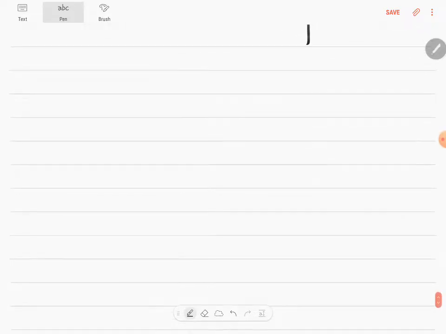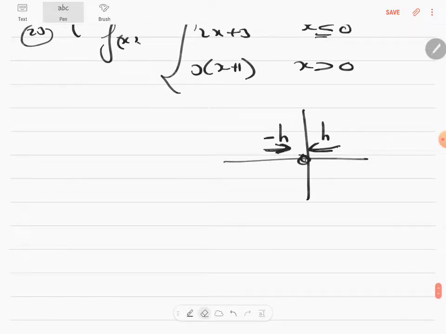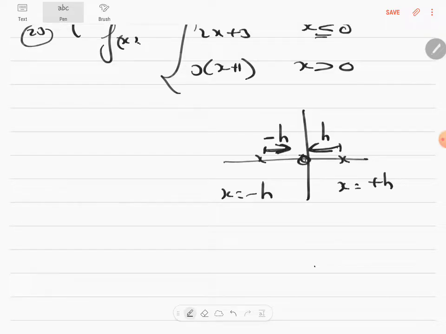Normally it is h. For pi by 2, coming from the left and coming from the right you wrote h and h because it was on the positive x-axis, but this is on the negative x-axis now, so minus h. So x itself is minus h for the left hand limit, x itself is plus h for the right hand limit. If you are approaching 1 from the left and 1 from the right, you become 1 minus h and 1 plus h.